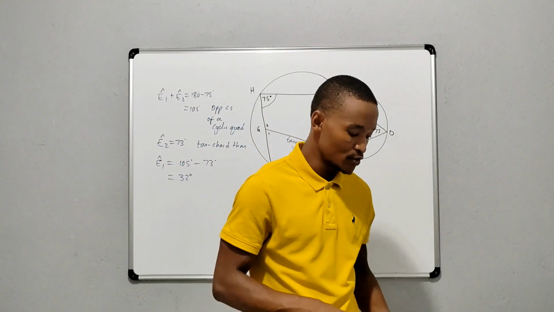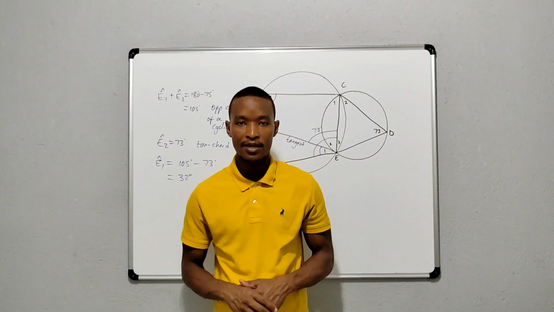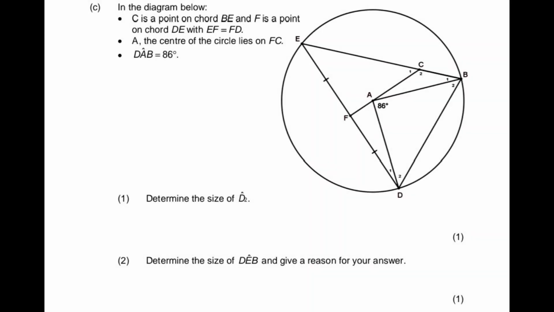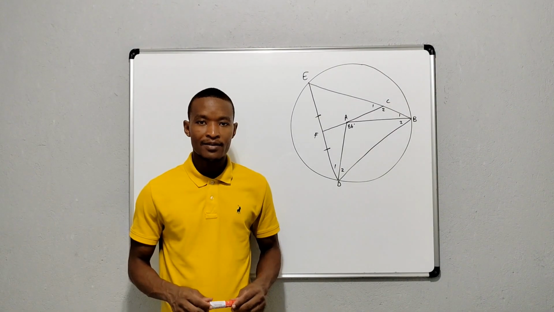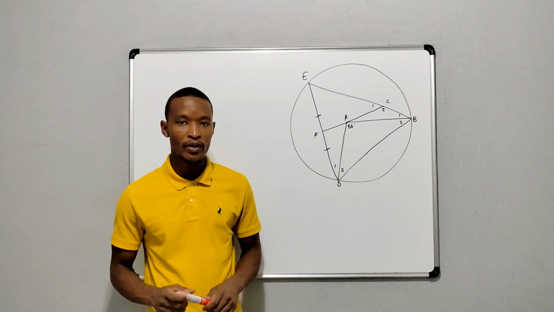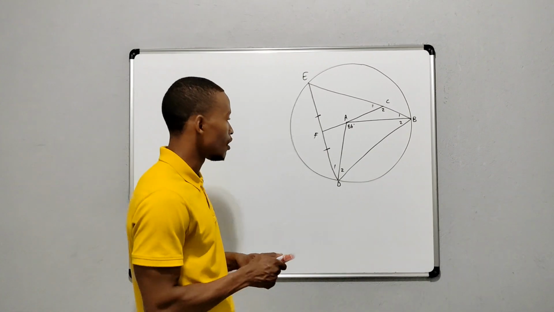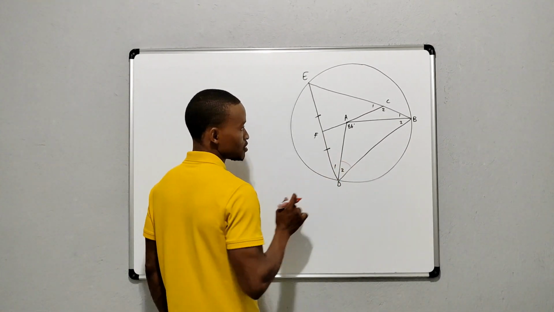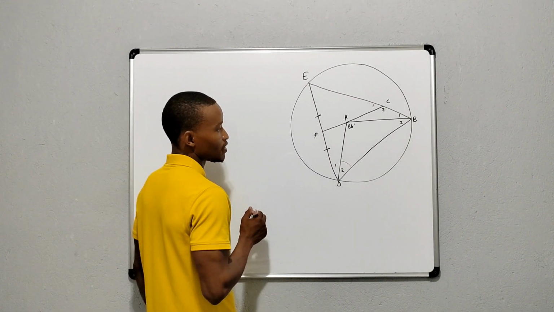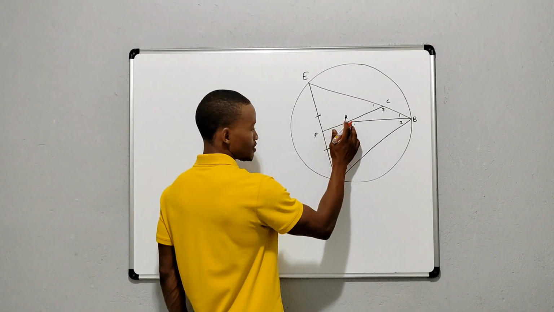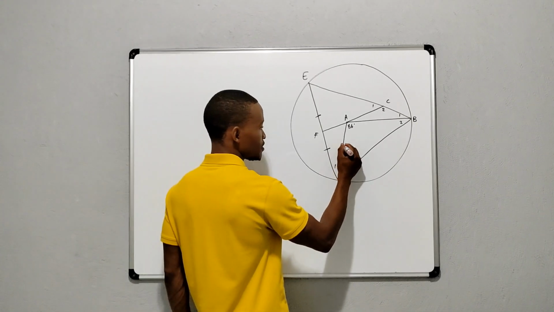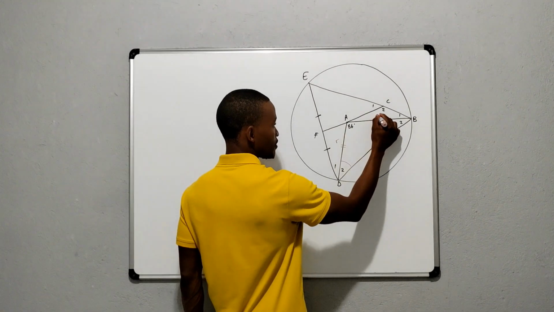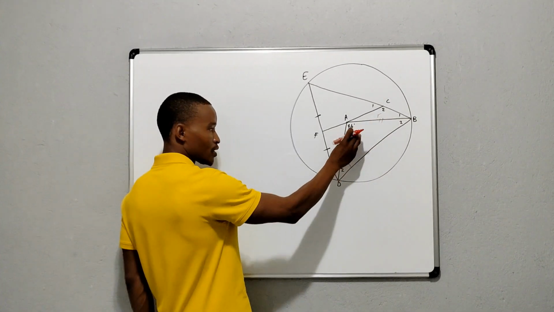All right, so let us move on to C. Here you go. Let us start with C1, where we are asked to find the magnitude of D2. First of all, let us add some information here. A is the center, so that will make AD a radius, and AB also a radius, R. What type of triangle is this?